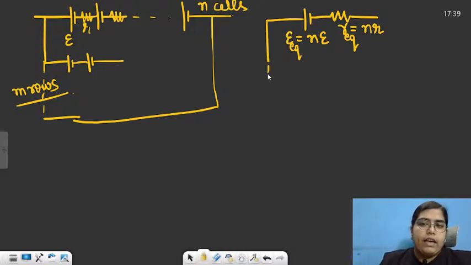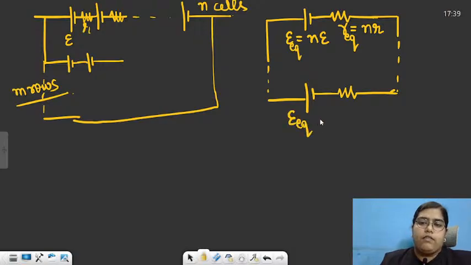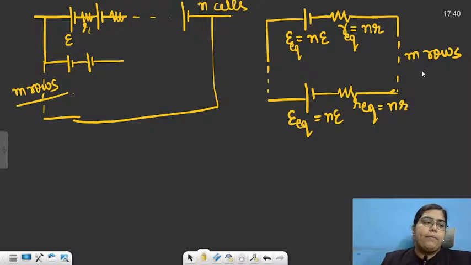And we have m such rows. That means we'll get m such combinations, right? So this is again E equivalent nE and R equivalent nR, and we have m such rows. In parallel, we just discussed the formula.